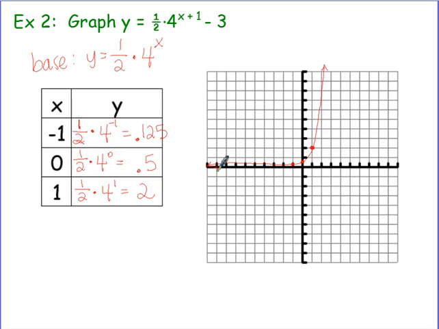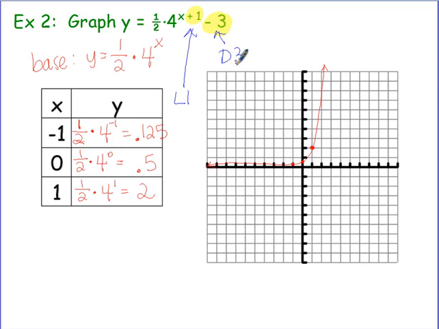Now we have to shift. So we got 2 numbers. We have a +1 and a -3. So +1, a plus C, if you look back at your rules, means that we're going to go left 1, and a -3 means we are going to go down 3.